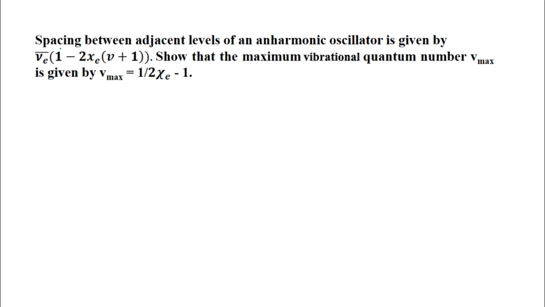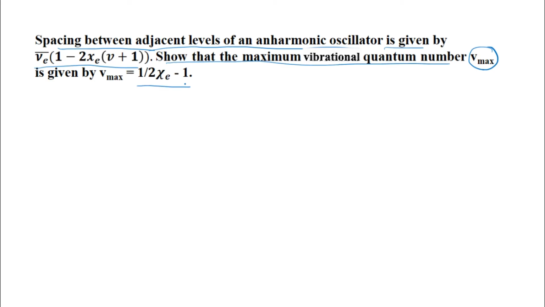The spacing between adjacent levels of an anharmonic oscillator is given by this expression. Show that the maximum vibrational quantum number, that is V max, is given by V max equals 1 by 2 chi e minus 1.